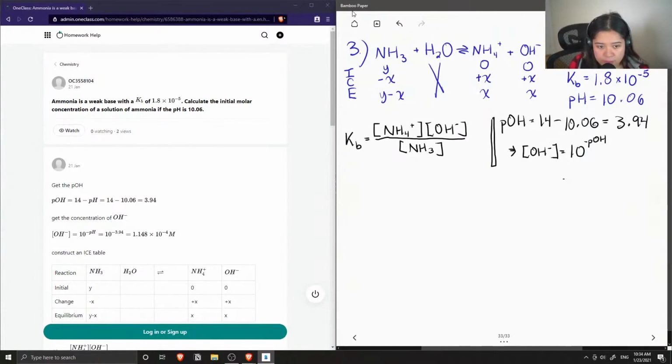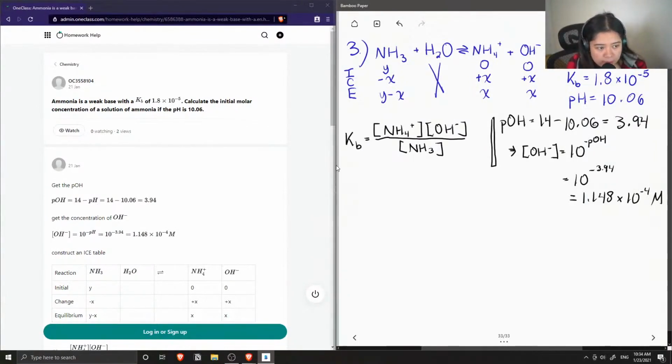So now we just sub in our pOH value, so negative 3.94, to give us a concentration of 1.148 times 10 to the negative 4 moles per liter.